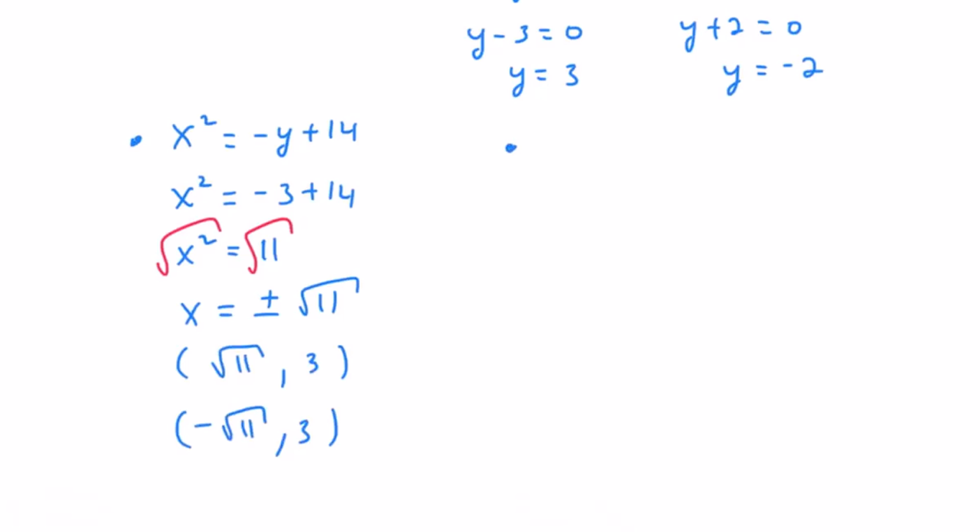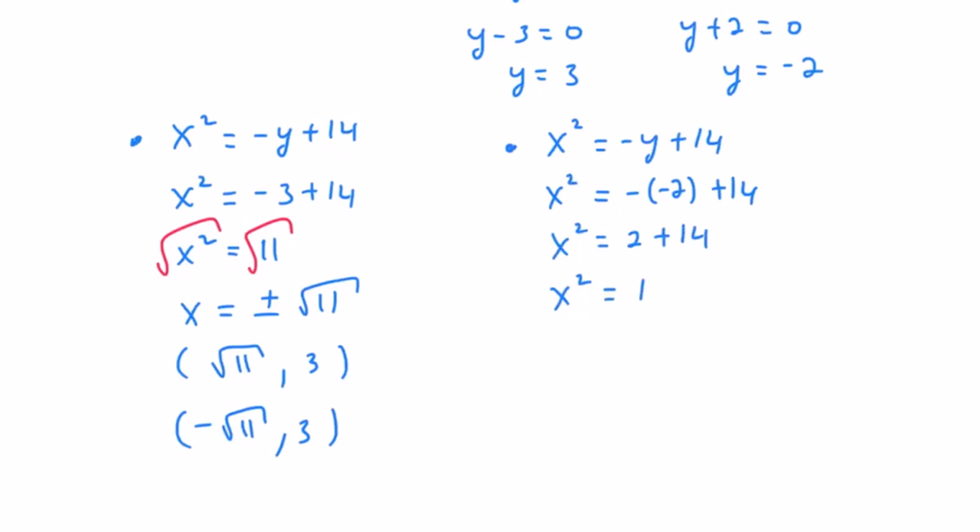Let's do for y is negative 2. So x squared is negative y plus 14. y is negative 2, so negative negative 2 plus 14. So this is equal to x squared. So x squared is 2 plus 14. So x squared is equal to 16.